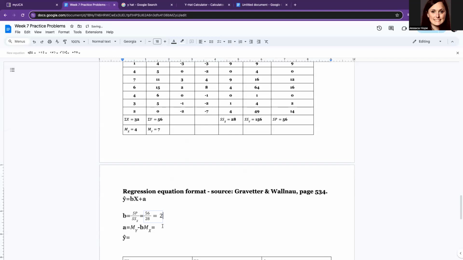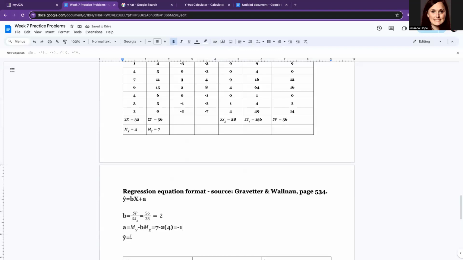So b is 2. For a, it's MY, 7, minus b times MX, which is 4. So you've got 7 minus 8, which is -1.